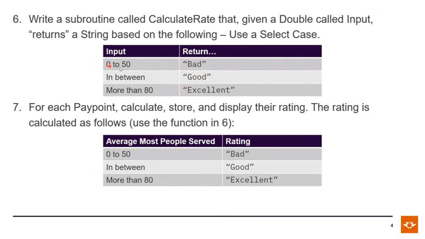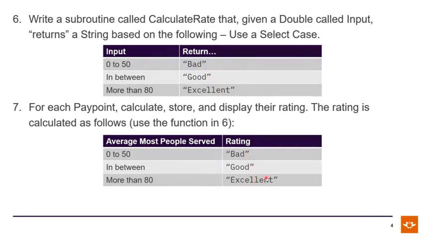You still have the values 0 to 50 here, so it's exactly the same comparisons. The only difference is that the value you need to pass to the subroutine's input is the average most people served, and in return you should get either bad, good, or excellent, which will represent your rating.